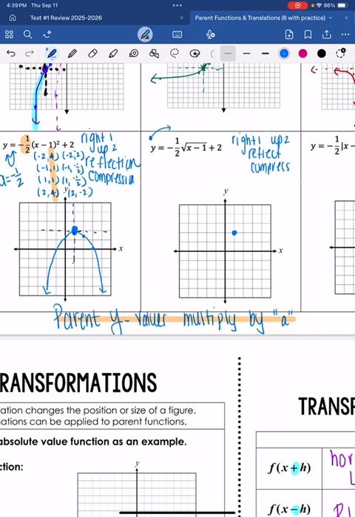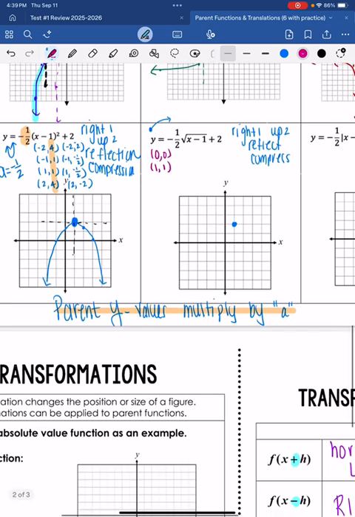So I'm going to do the exact same thing with my parent points for the square root function. Square root of 0 is 0. Square root of 1 is 1. We don't know the square root of 2 or 3. Square root of 4 is 2. Square root of 9 is 3.